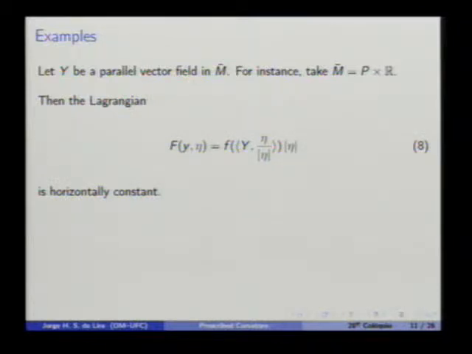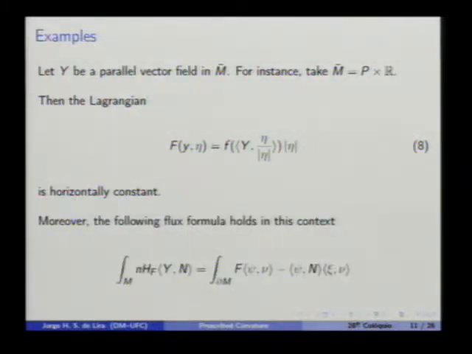And this functional, thanks to the parallelism of y, is horizontally constant. If you do the calculations using Sasaki's metric, for example. And this functional also permits us to deduce a flux formula for the hypersurfaces. This last expression is a kind of Minkowski formula.